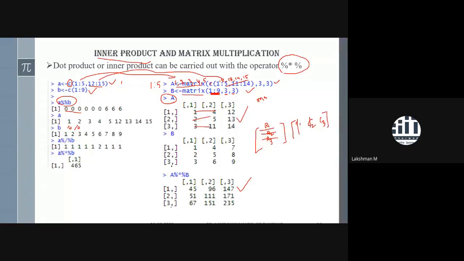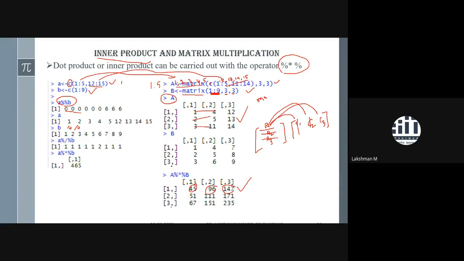Now we take the dot product. You remember that for matrix compatibility, the dimension of the row must be equal to the dimension of the column. Take the dot product of R1 with the first column, you will get this entry. Then the dot product of row 1 with the second column gives this entry, and likewise the first row with the third column gives this entry.